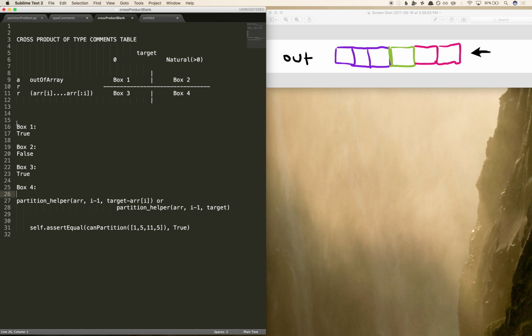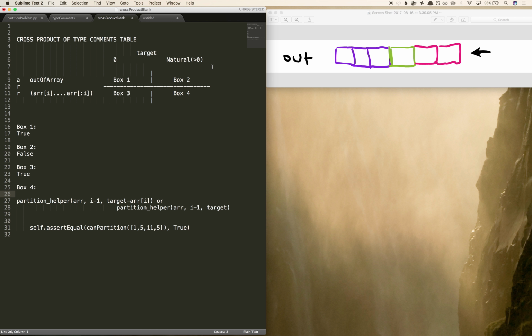Now we have these boxes, but these boxes represent cases, so now we have a high-level view of what to do. Essentially, I can make all of these into if conditions in my function. If we're out of the array, if we've processed all the elements and the target is 0, then we know from box 1 that we return true.